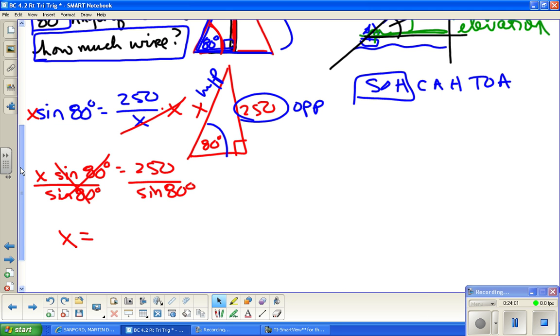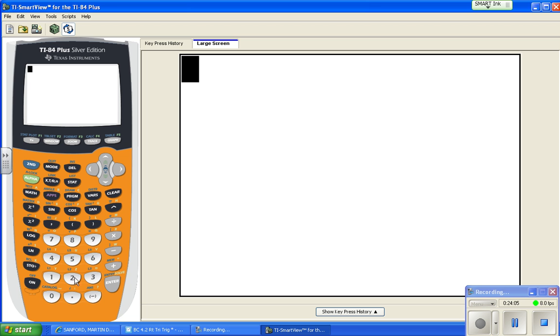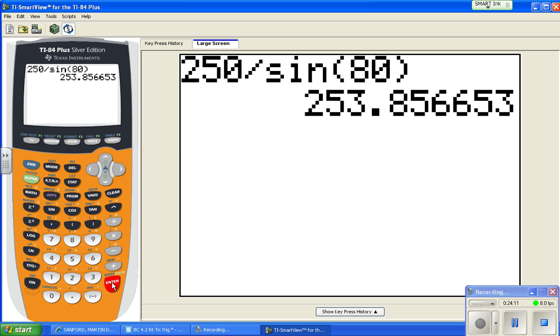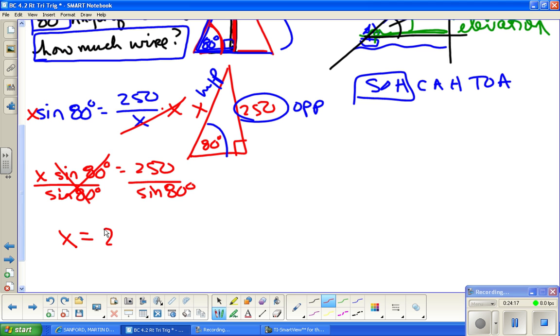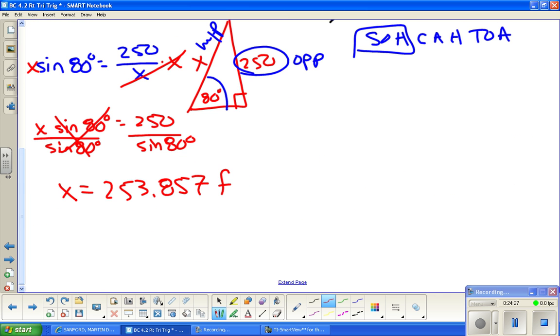So 250 divided by sine of 80, closing the parentheses, gives 253.857. This was originally in feet. That is the length of the wire.